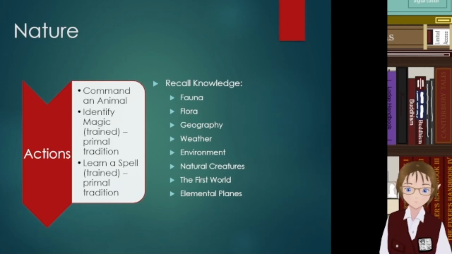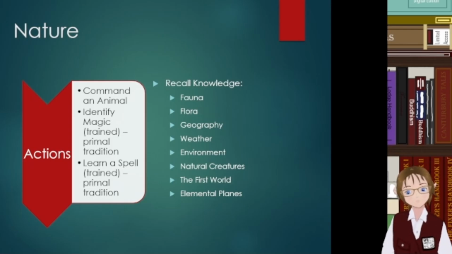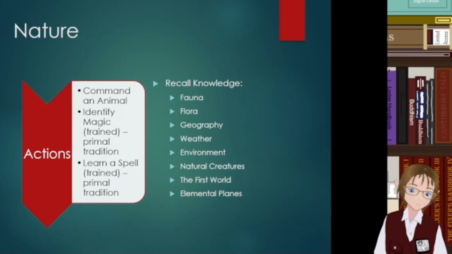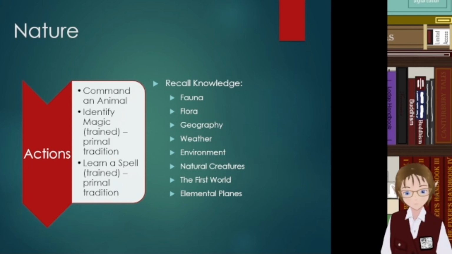The list of things nature can be used to recall knowledge about is flora, fauna, geography, weather, environment, basically anything that's in the natural world, plus knowledge about Fae and the elemental planes. So if you're in a very nature-based campaign, nature is obviously useful for recall knowledge.